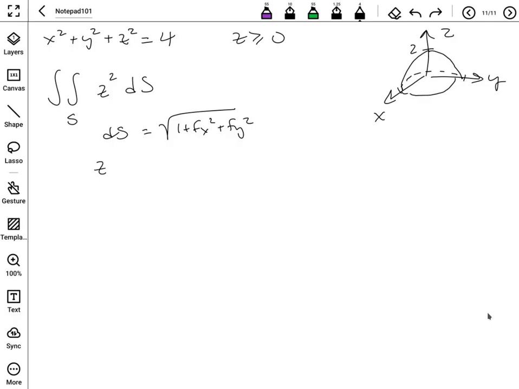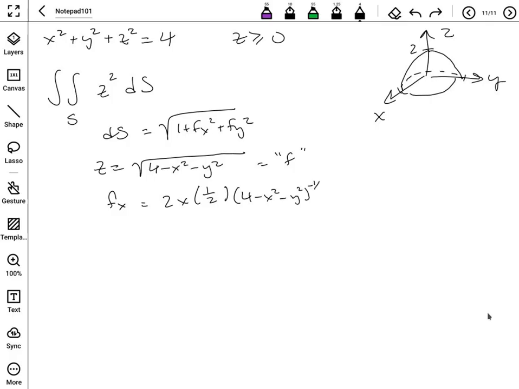My surface is this sphere, so it's f equals the square root of 4 minus x squared minus y squared. My f sub x then is minus 2x times 1/2 times 4 minus x squared minus y squared to the minus 1/2.